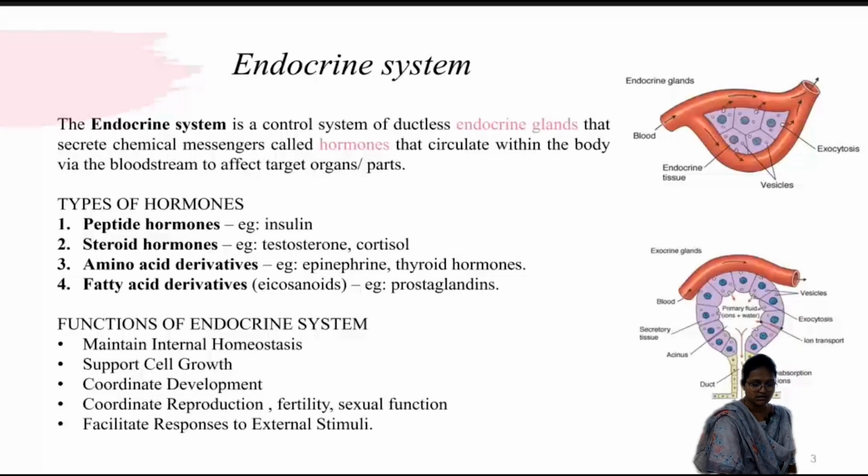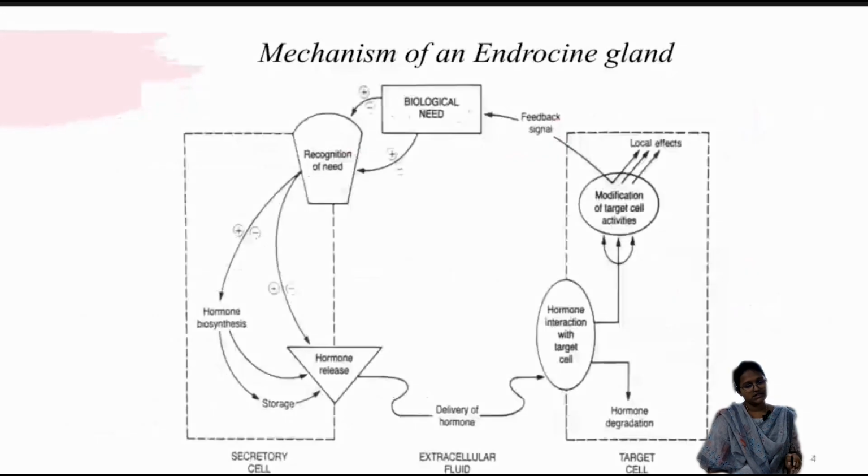This can be asked. Coming to the mechanism, a basic biological need is recognized, and after recognition, the hormone is generally secreted. Biosynthesis of the hormone and storage is done in the gland, and when it's secreted, it goes through blood and reaches the target organ, where the required modifications are done, causing the required effects.